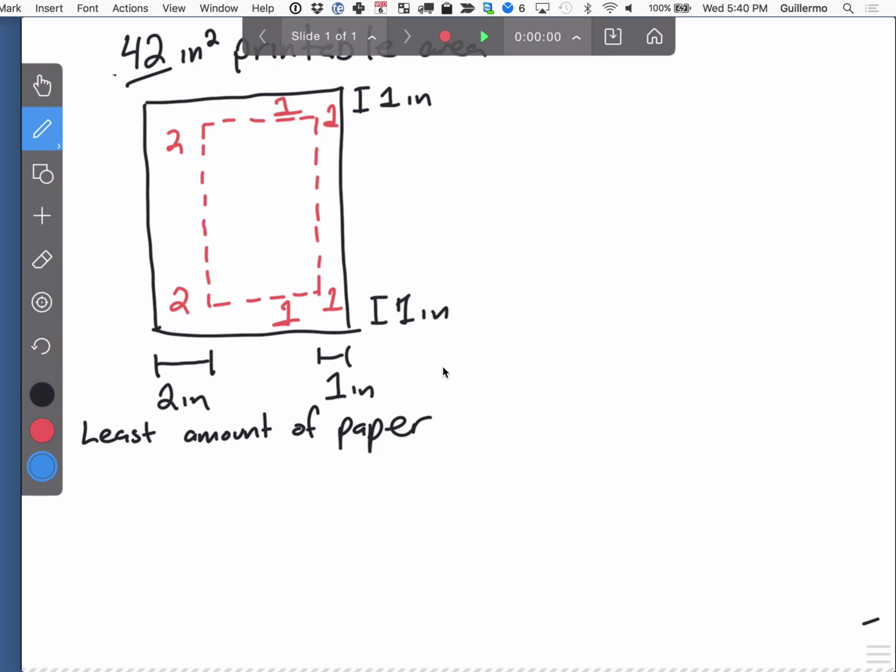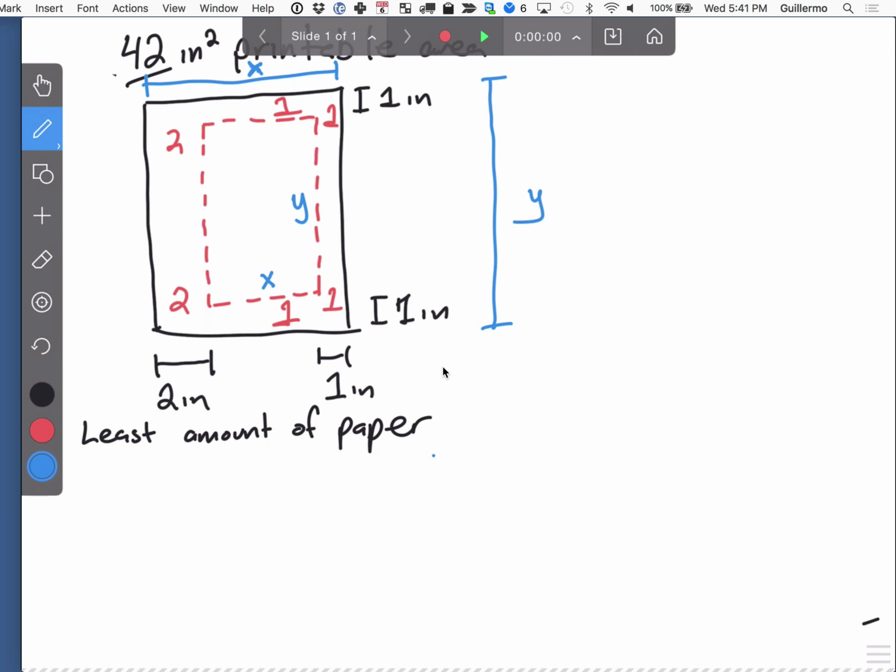But then the choices are, you can say, I'm going to let this be x and y, meaning the printable area, the red area. Or you can say the entire sheet is x and y. It's up to you. You can get to the right answer either way, but you need to pick one.